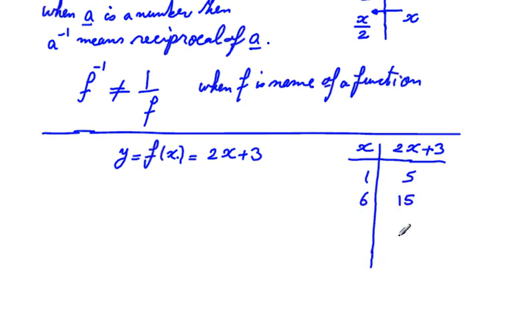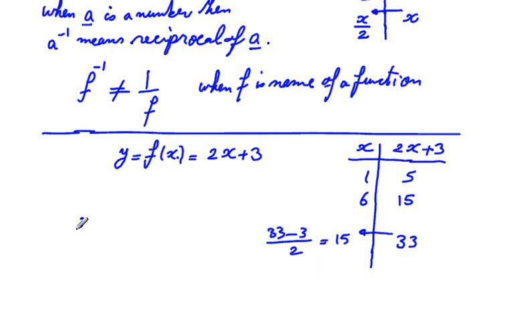And suppose I ask, if my output was 33, what would have been my input? 15. How do we get 15? You say 33 is your 2x plus 3. First, remove that additional 3, and then cut in half to get your 15 back.